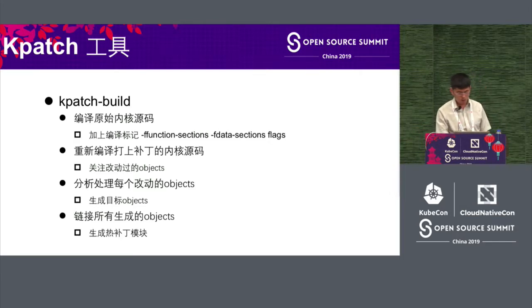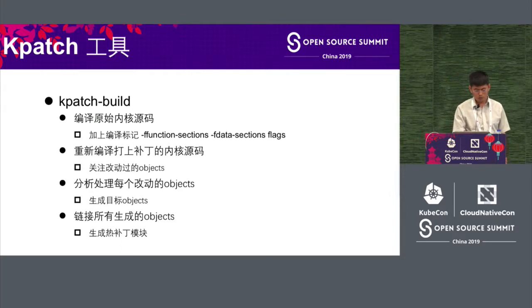Kpatch build is used to generate the live patch. First, it compiles the original kernel code. It marks it with function sections and data sections, and it rebuilds vmlinux for the patched kernel. It watches for changed objects, and for each object it generates a one-by-one analysis of what kind of function has been replaced and what kind of function has been added.